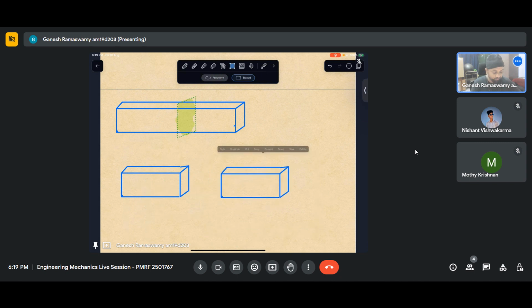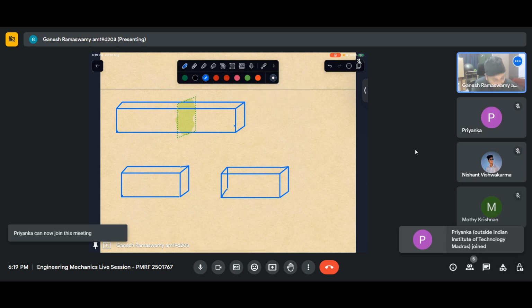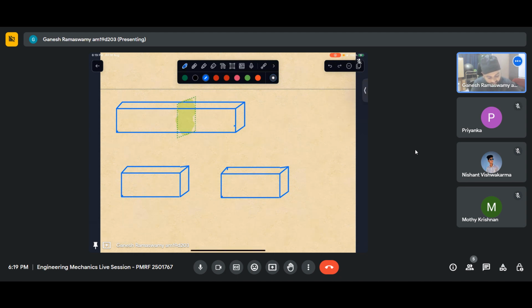So the section has separated the beam into 2 components. And if I were to draw the 2 components, it will essentially be a dotted line here. Okay, that is not visible. That will be on the other end.